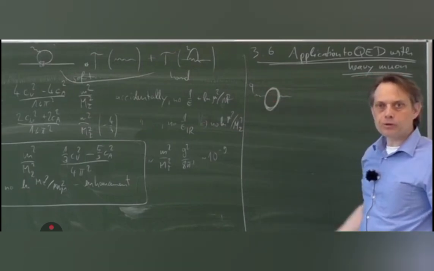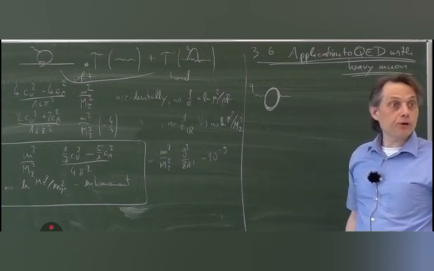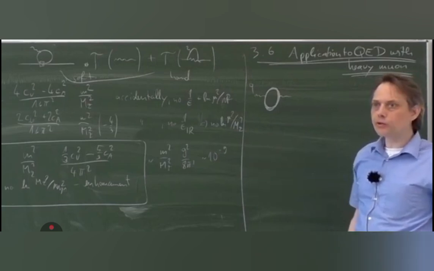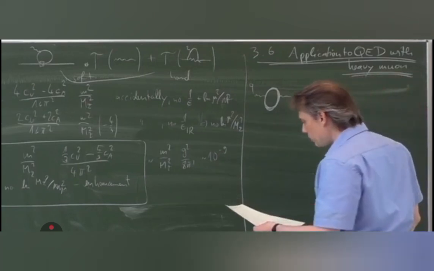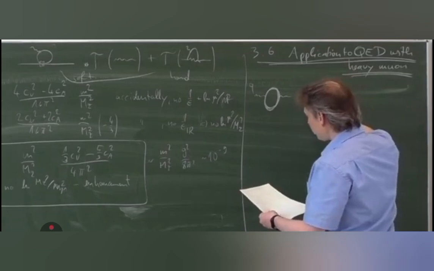But they would be stronger mass suppressed with 1 over the muon mass to higher powers. So let us neglect them today. Let's only look at the contribution of this diagram.